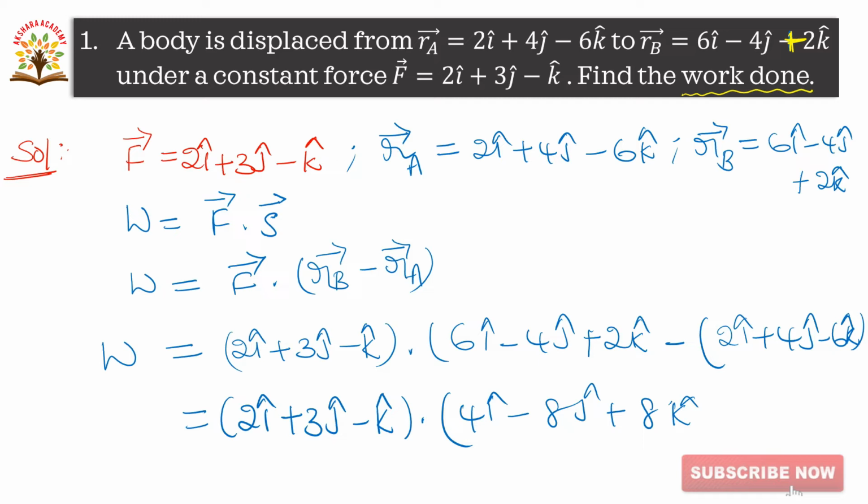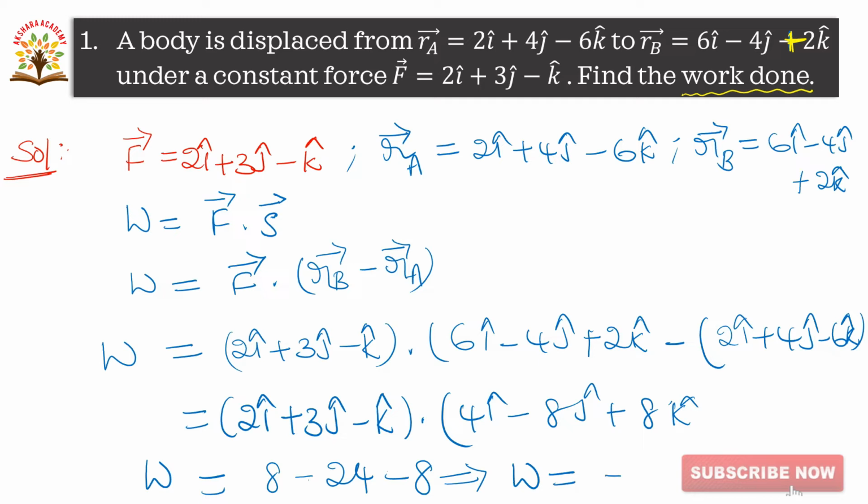Now we are finding the dot product. i dot i is equals to 1. So 4 twos are 8, minus 8 threes are 24, minus into plus minus, minus 8. So that implies work done is equals to 8 minus 24 minus 8, minus 32, 32 minus 8 is 24.